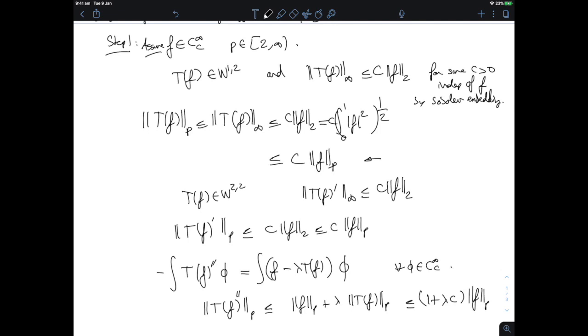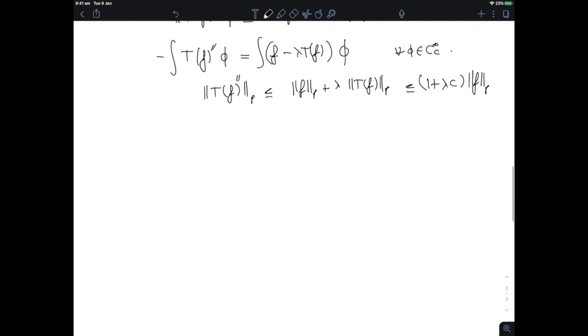We've proven that for p above 2 and for f C infinity and compactly supported, we have a solution T of f that is in W2P. Now, how do we get from that to a solution for any f in LP? Well, we pass to a limit.